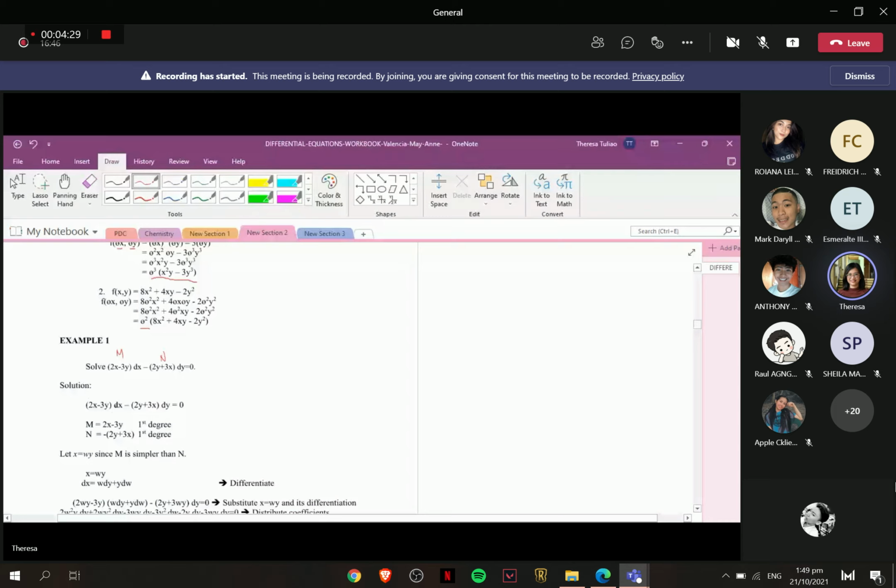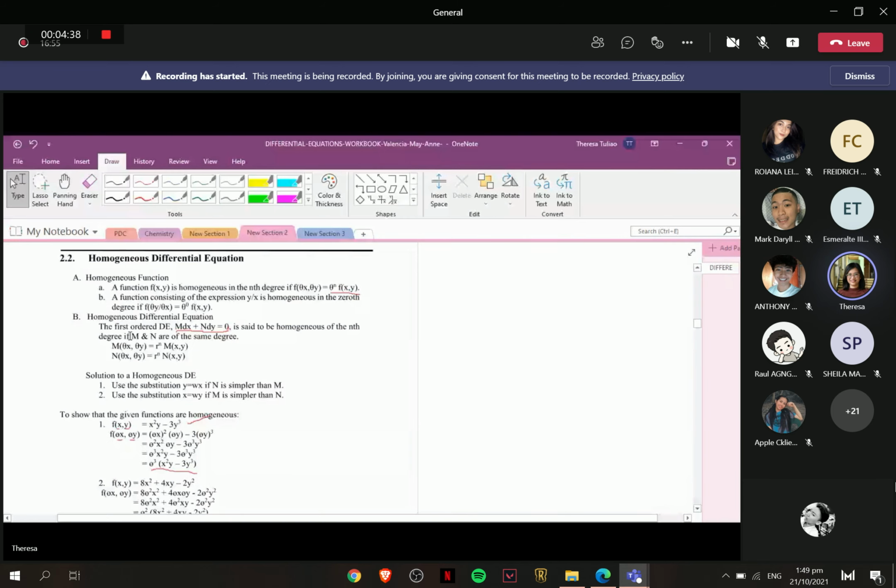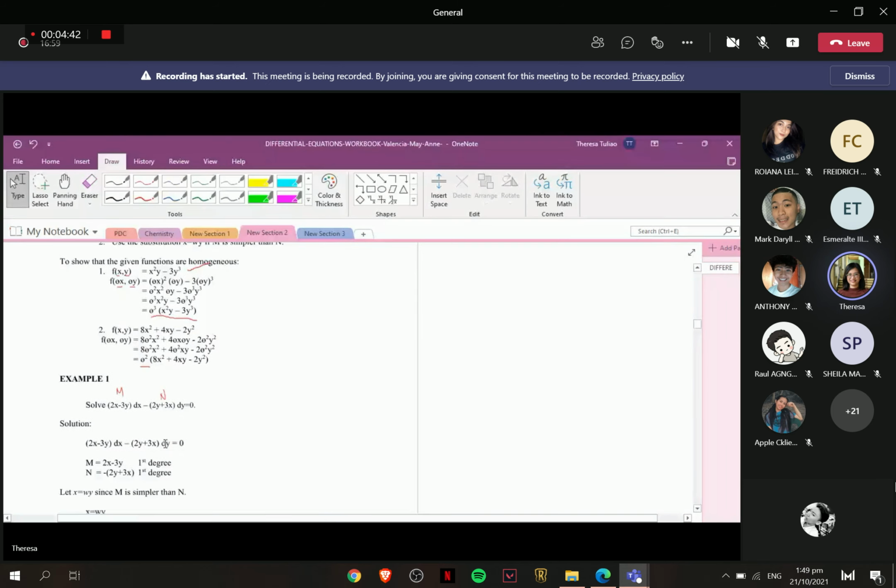But if you're still doubtful, you can test it using the θx and θy substitution, and you can confirm that both of them are homogeneous.